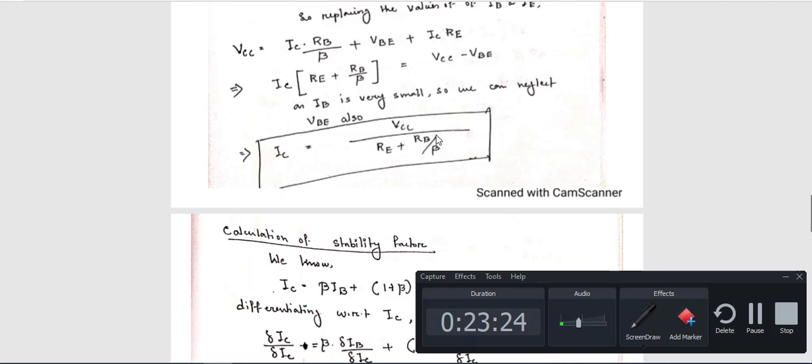So your expression for IC is equal to this. Here if IB, the base current, is very small, you can also neglect the base emitter voltage. Also in your example there is no value given.